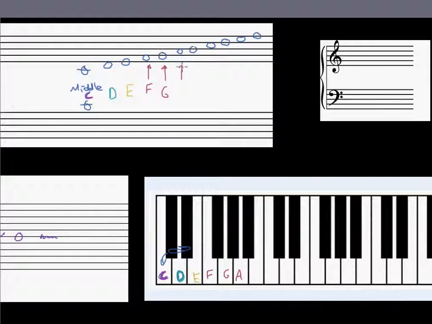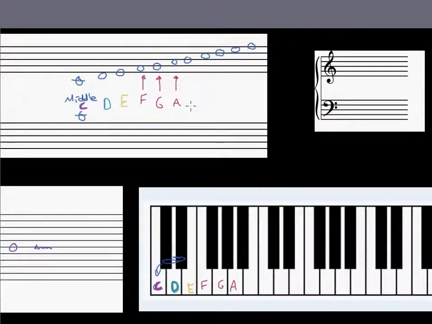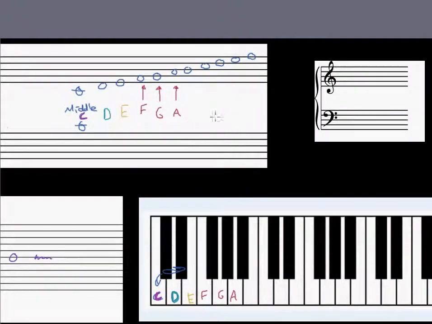If you can't remember that, or you're confused about what I just said, I encourage you to go back to the first video, where we talked about how the English alphabet represents the notes, and why it only goes up to G and then starts again.